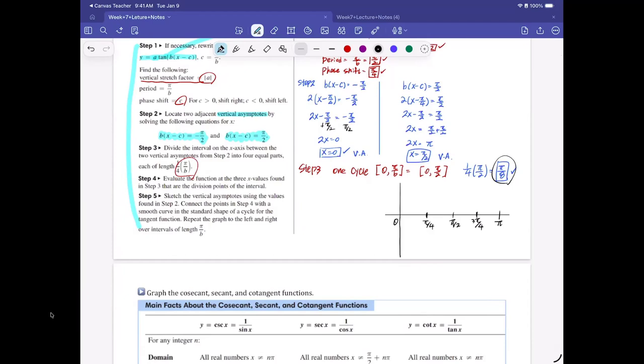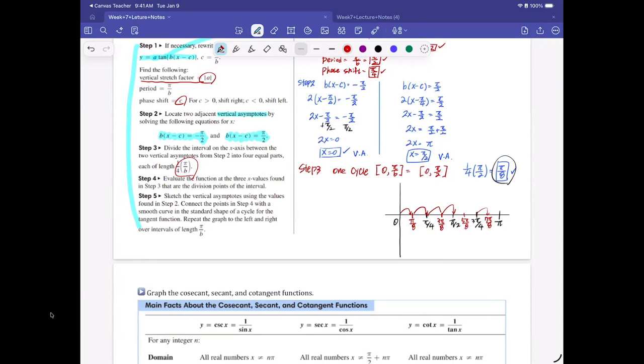It means this is pi over 8, and then pi over 8. So pi over 8, next one is 3 pi over 8, and then 4 pi over 8, which is pi over 2. And then the next one is 5 pi over 8, and then 7 pi over 8, and then 8 pi over 8 is pi. Right?